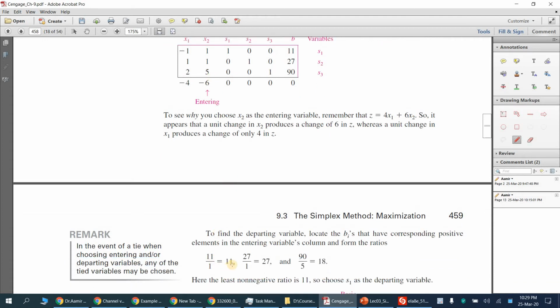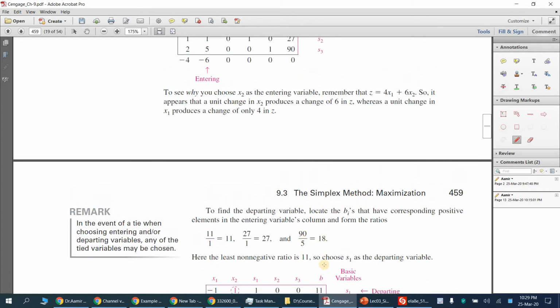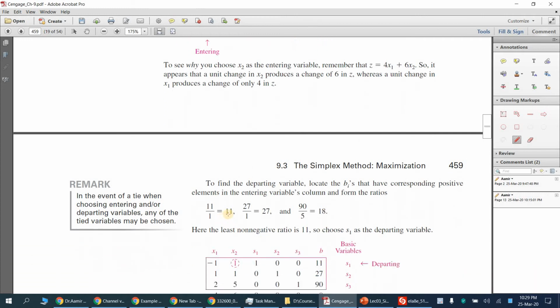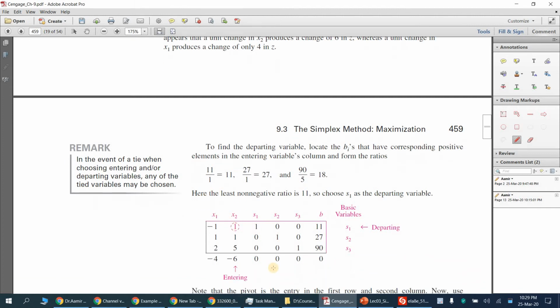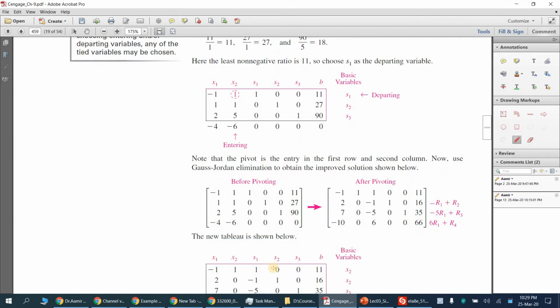This ratio is 11, 27, and 90 over 5 is 18. From these three, I select the least positive value, which is 11. So it means that s1 will be the leaving variable. We kick out s1 and we enter x2 into our basic variables.